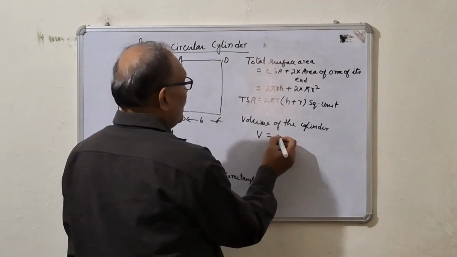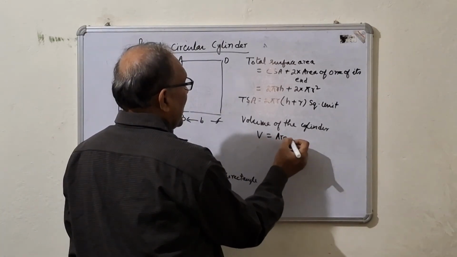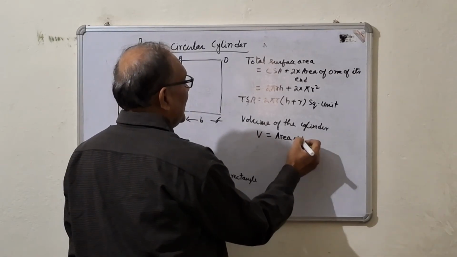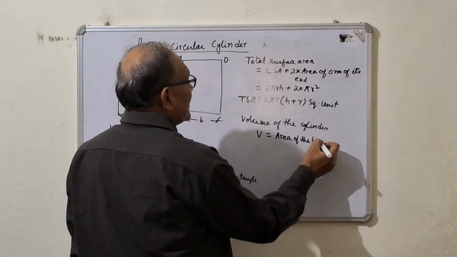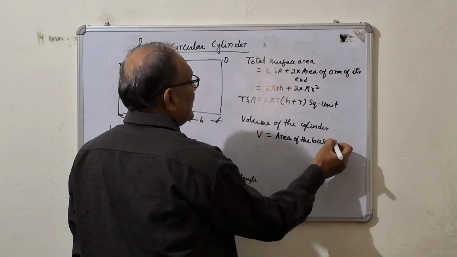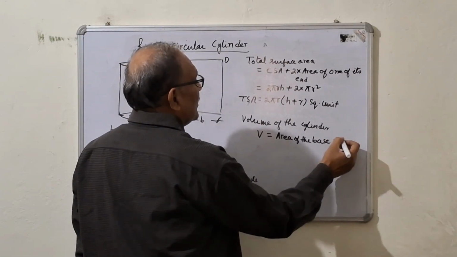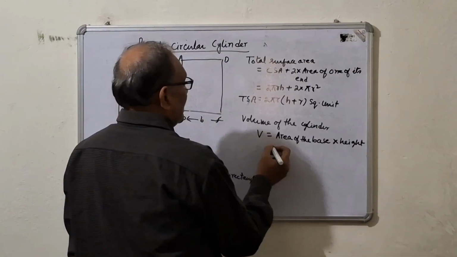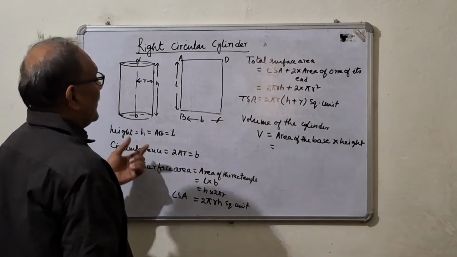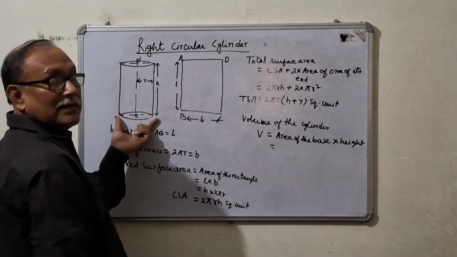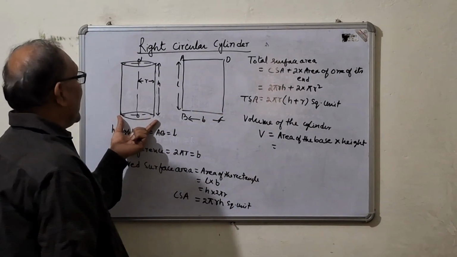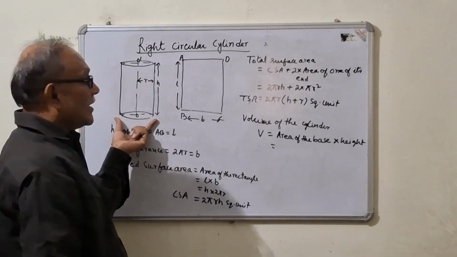So volume will be equal to area of the base into height, and area of base is pi r square because the base is in the shape of a circle.